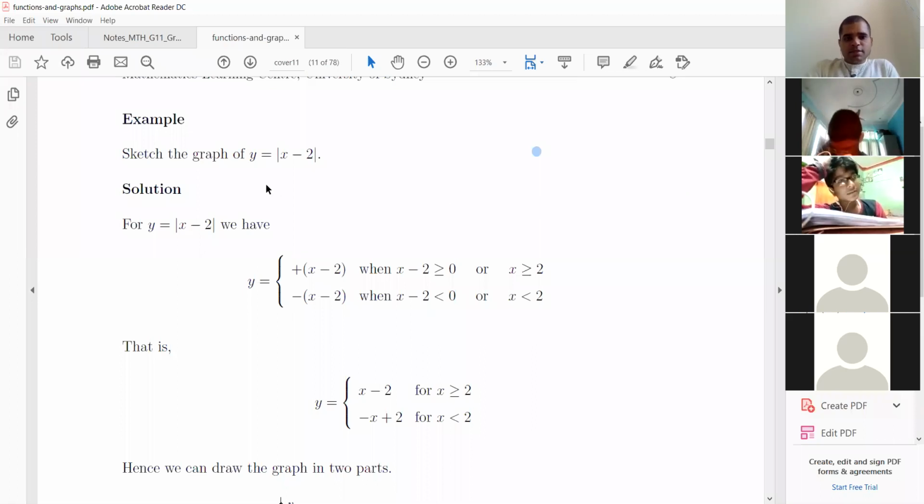Here it is written, sketch the graph of y equal to mod of (x - 2). If you break this function, it will become (x - 2) when x - 2 is greater than 0, and -(x - 2) when x - 2 is less than 0.